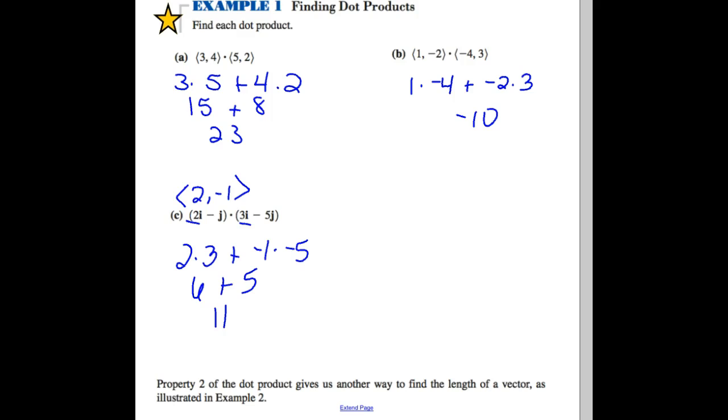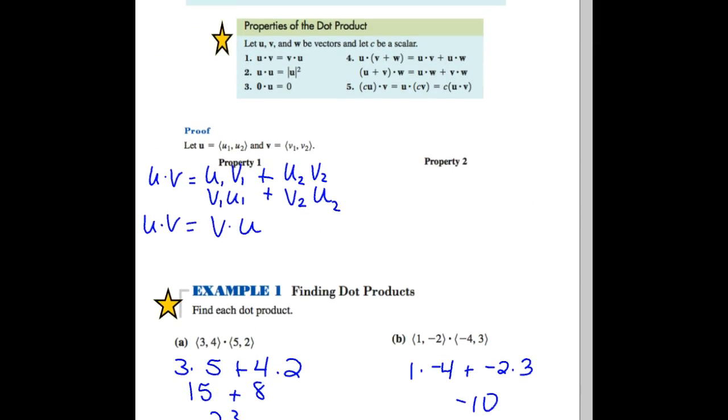We're going to go back up here and prove that second property. It leads into our next example. It says that if we take the dot product of u with itself, we get the magnitude of u squared. So let's define u to be a, b.